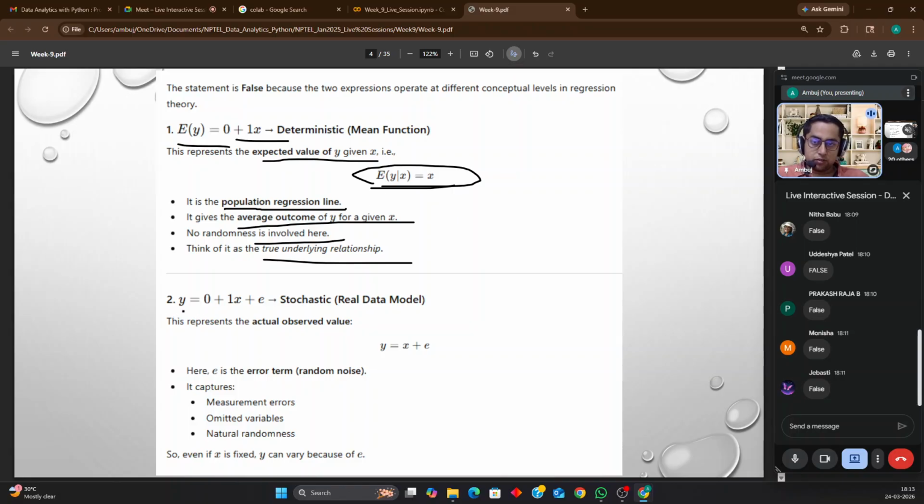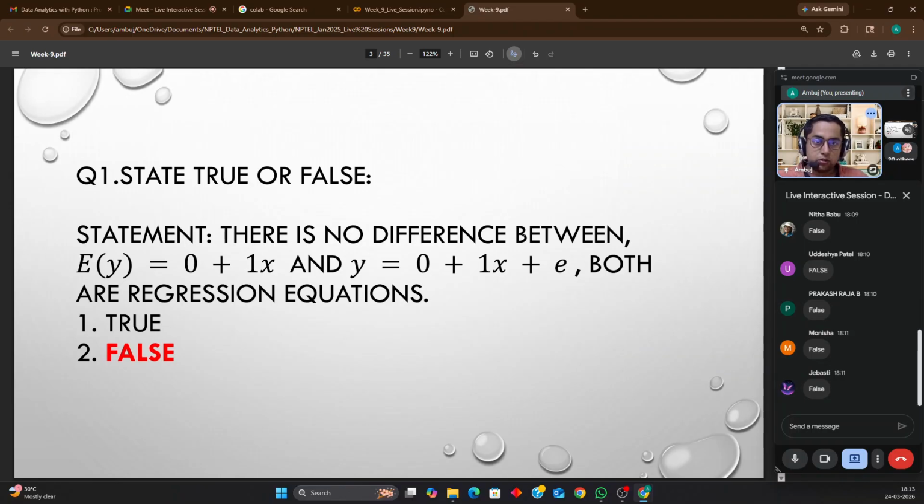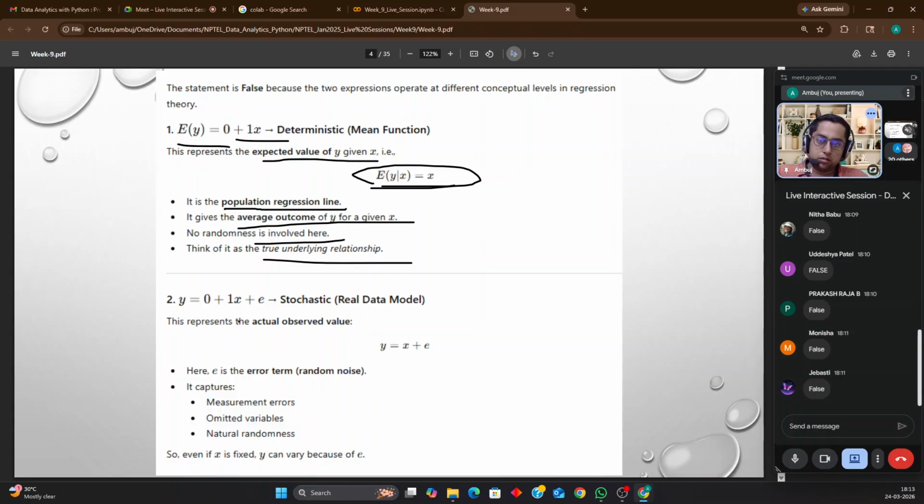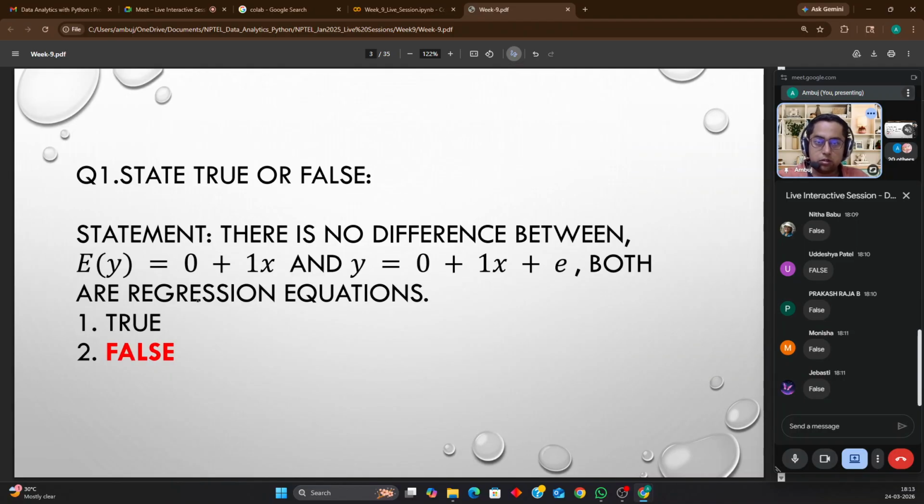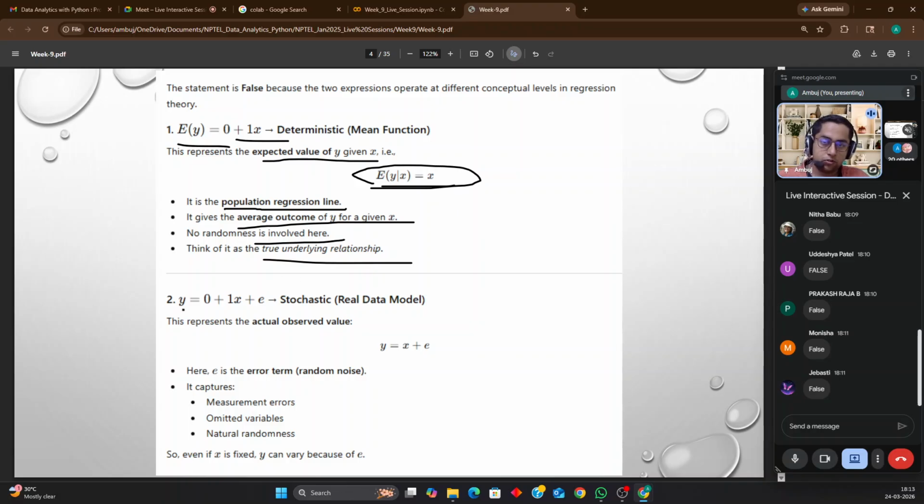Now the next equation: y equal to 0 plus 1x plus e. This one is your stochastic or real data model equation. It will actually observe the values of x and incorporate them in y, and we will add one particular term, which is e.